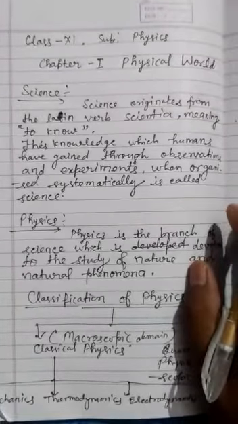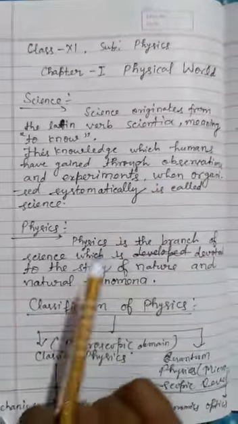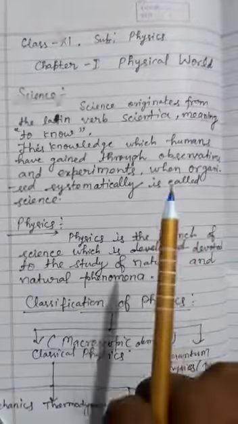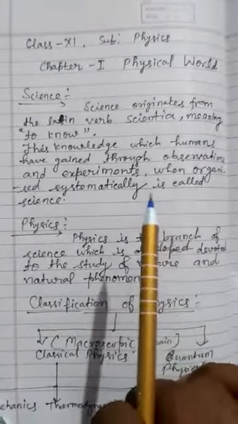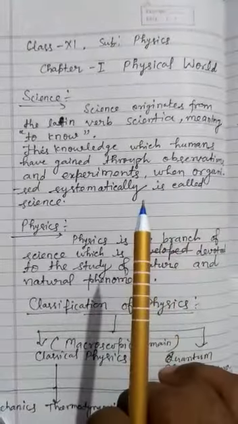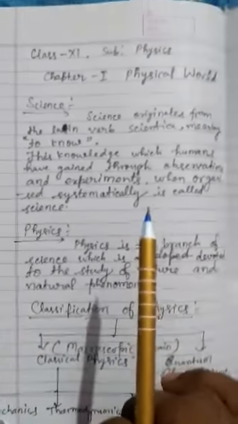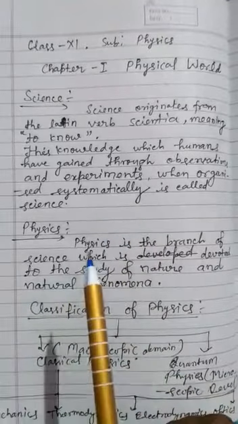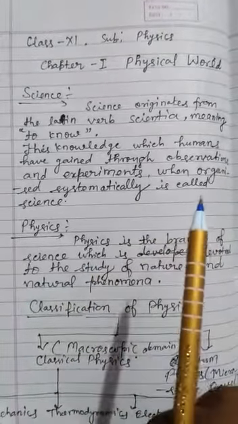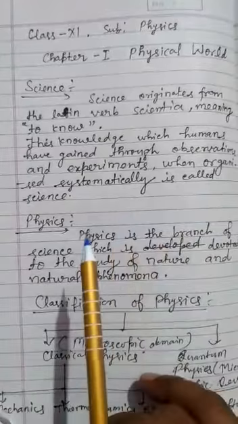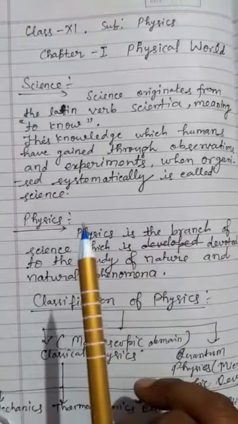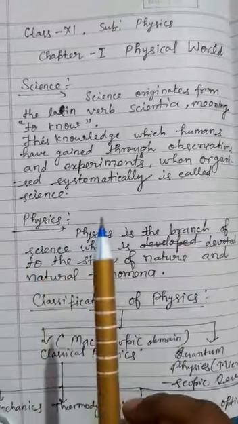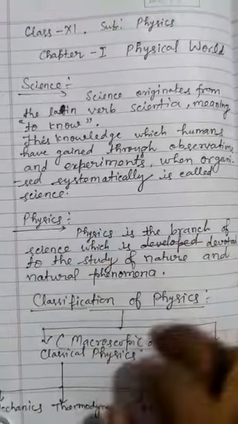In other words, we can say science is a systematized and well organized knowledge of any objects, and science is categorized into different branches, that is physical science, chemical science and biological science.